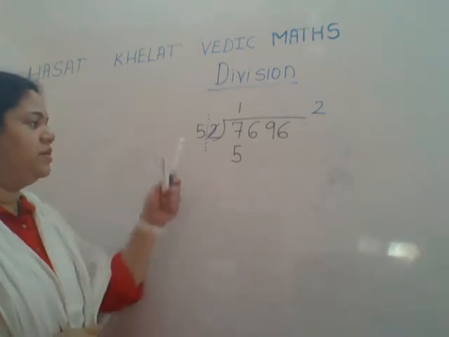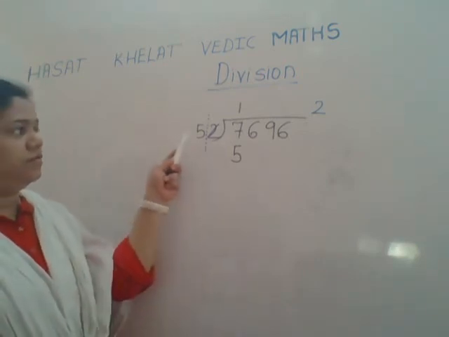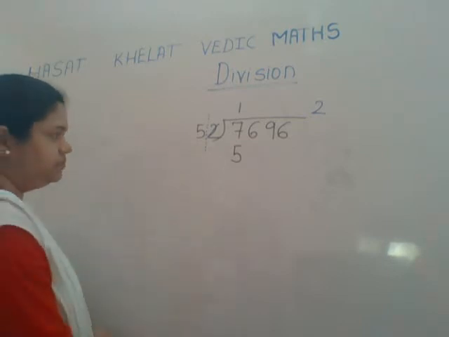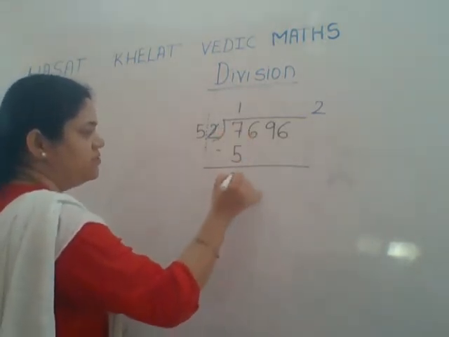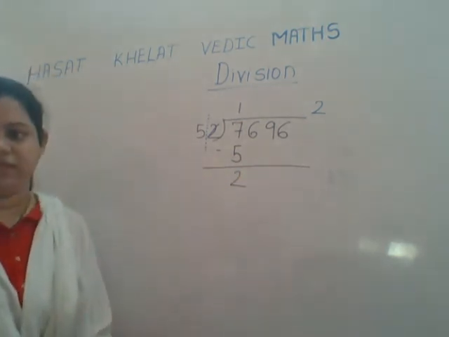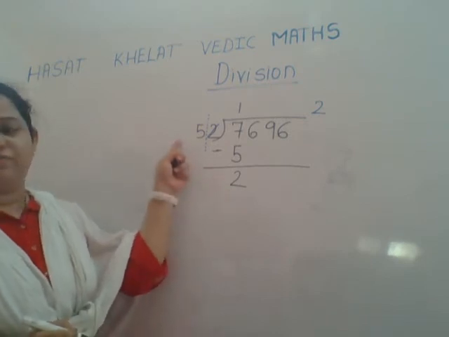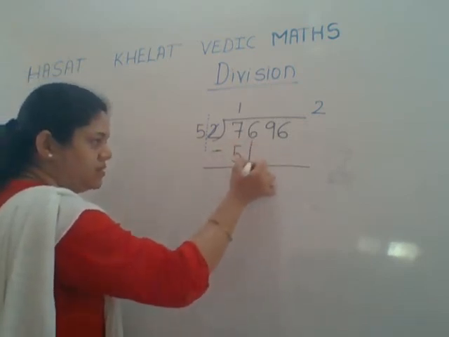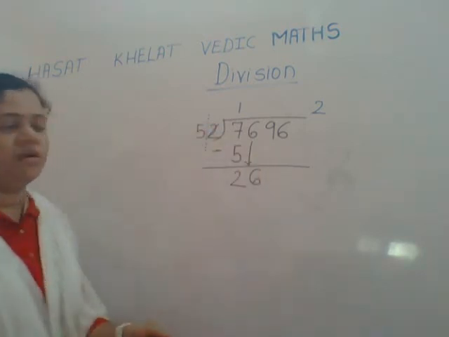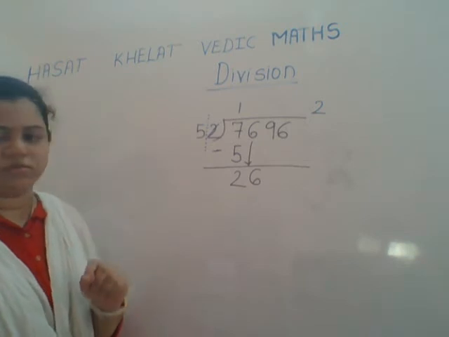Okay, now here what we have to do is, I wrote 5 under 5, then we subtract. 7 minus 5 will be 2. Correct? Now, can we divide this 2 by 5? No. So what do I have to do? I'll take this 6 down.